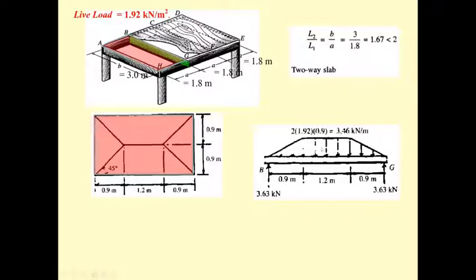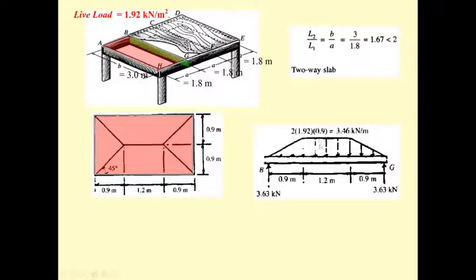Since the beam is simply supported and has no horizontal force, the horizontal reaction is going to be 0. And since the beam is symmetric, half of the loading transfers to B and the other half transfers to G.